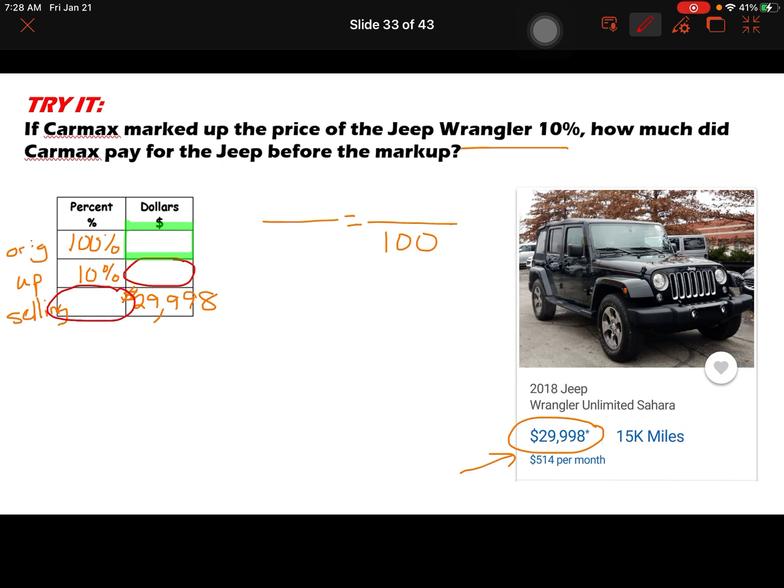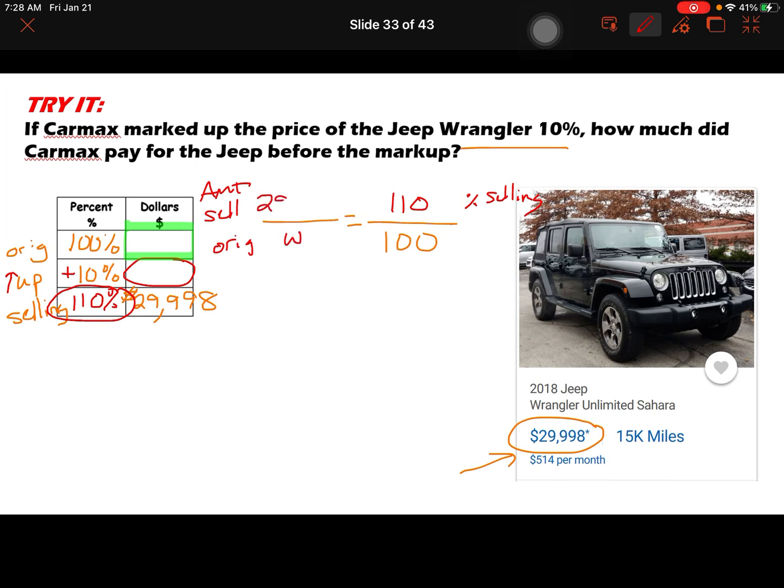So we have to know what this one is. You've got to be paying attention. Since it's a markup, you're going to add. When it comes to the test, you're going to have to be really careful because you have to pay attention to whether it's a markup or a discount. So this is the percent of the selling price once again, and this is the amount of the selling price, and the original is going to go on the bottom.